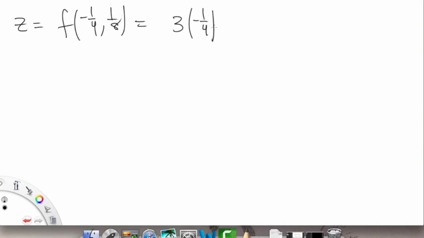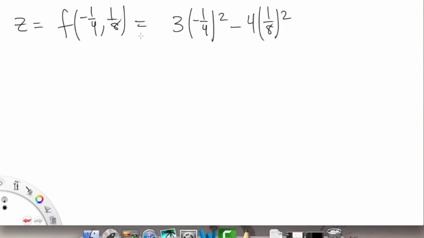Okay, so if we do so, then we're going to get that z, also known as f of (negative 1 over 4, 1 over 8), is going to equal 3 times negative 1 over 4 for x squared, minus 4 times 1 over 8 squared, okay? And that's positive 1 over 8.